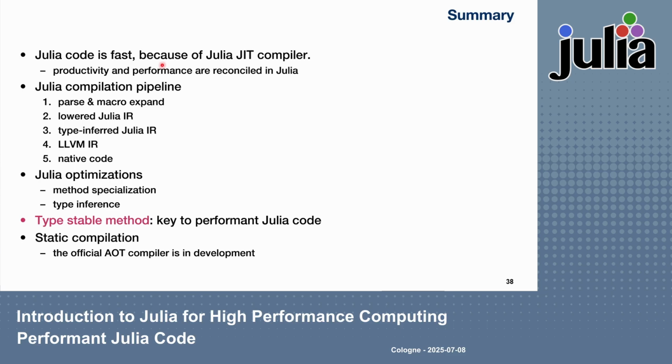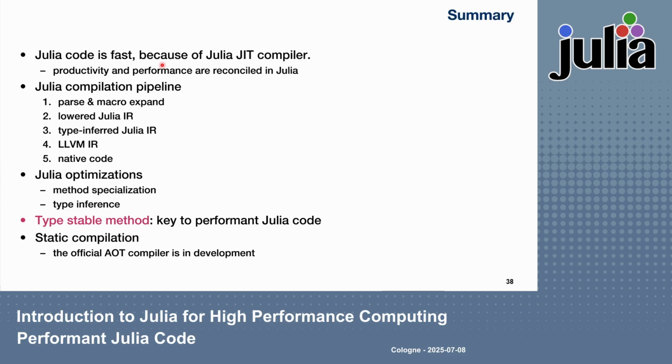And then we went through the Julia compilation pipeline very briefly, by parsing, lowering, and so on. But the key is the type-inferred Julia IR. This is the key to the performance. This is the key takeaway. I'm happy if you forget everything except this one. Type-inferred Julia IR, this is the key.